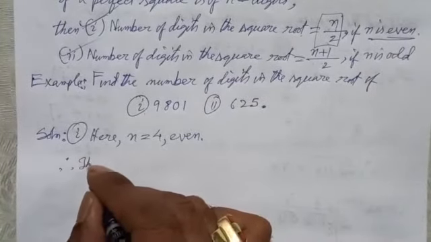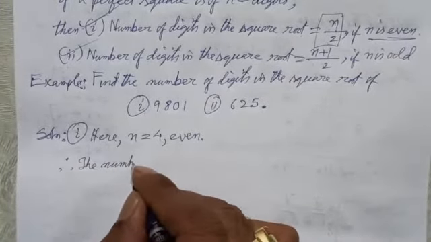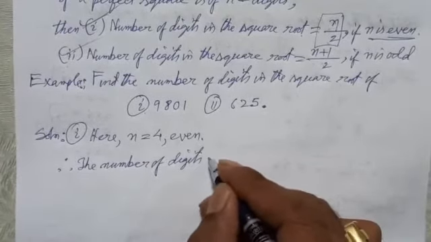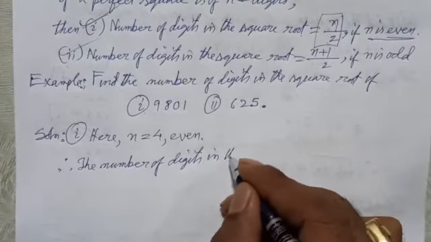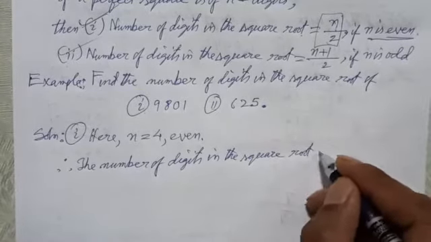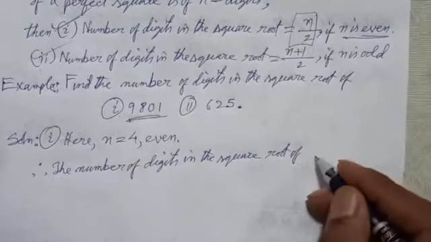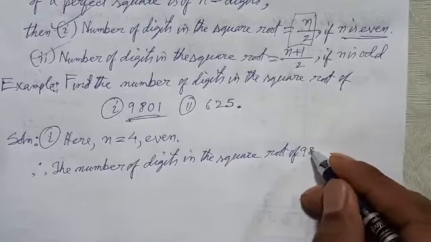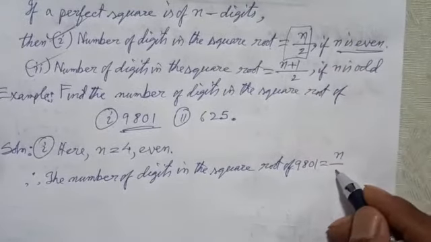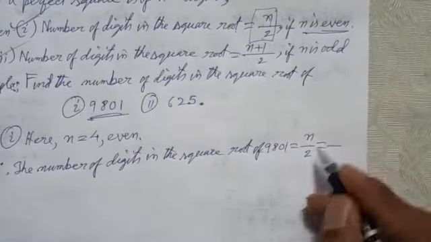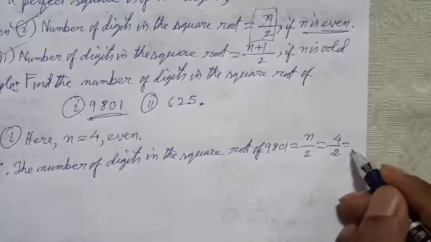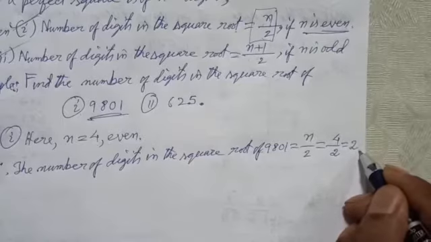Therefore, the number of digits in the square root of this number 9801 is equal to n by 2. n is 4, 4 divided by 2. If 4 is divided by 2, then we are getting 2. So this 2 is the answer.